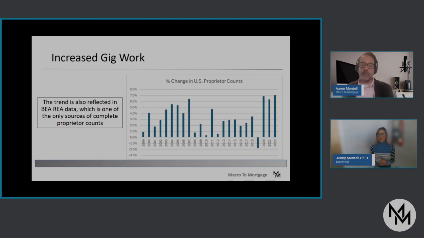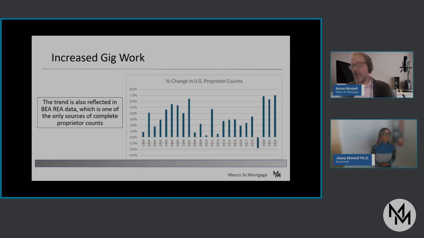And this graph is the percentage change in proprietor counts. So you can see that in 2020, 2021, and 2022, these were pretty historically high percent growth in proprietors, relative to past averages.